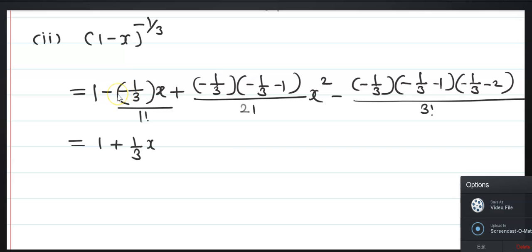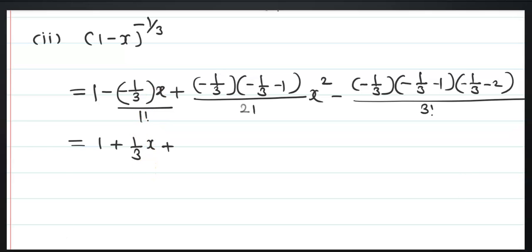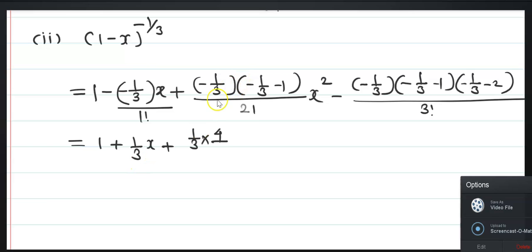Now here minus minus will become plus, that is 1 plus 1 by 3 into x. This is the simplification of the second term. And now for the next simplification, minus 1 by 3, and this is minus and minus. Both of them will become plus, that is 1 by 3. Now this simplification, that is minus 1 by 3 and minus 1, that will become minus 4 by 3 and this minus minus overall it will become plus, divided by 2 factorial.